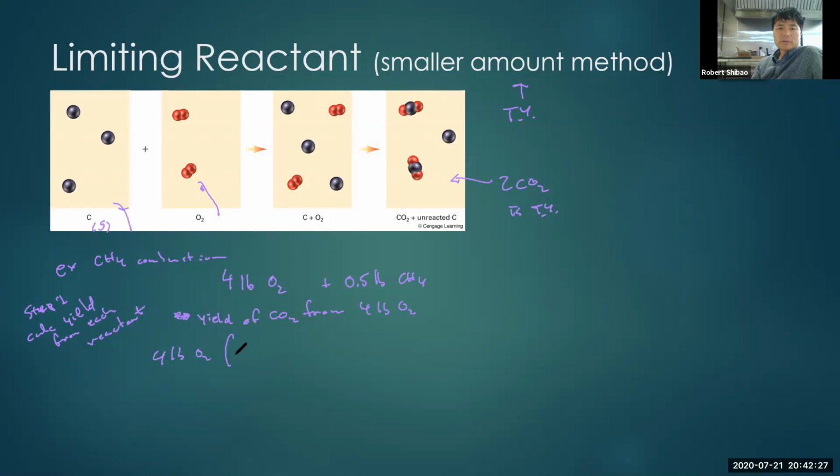And then we're going to go from pounds to grams: 453.6 grams per pound. Then we're going to go from grams to moles. 1 mole of O2 weighs 32.00 grams. And then we're going to go from moles of O2 to moles of CO2, since I'm interested in CO2.